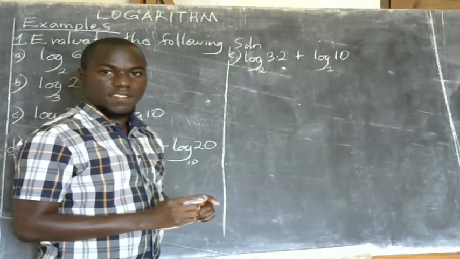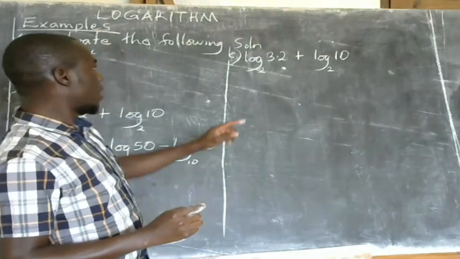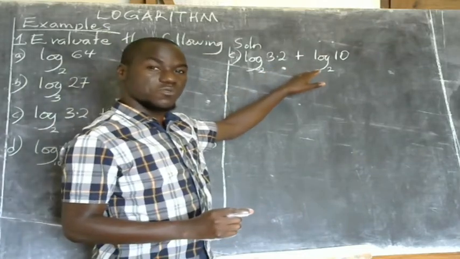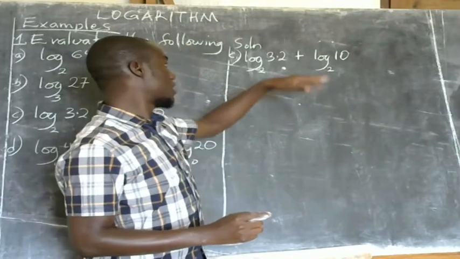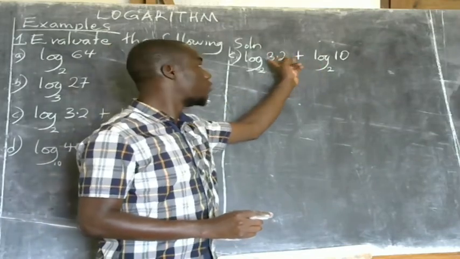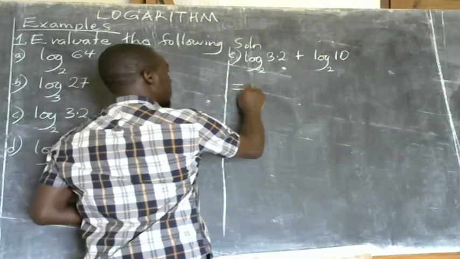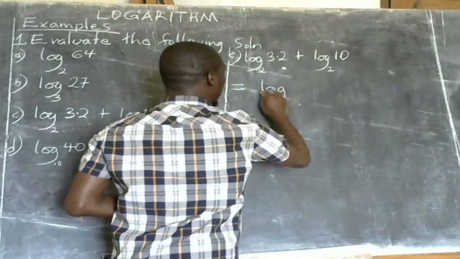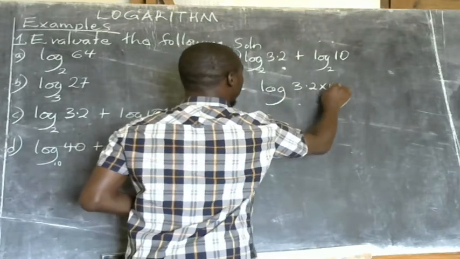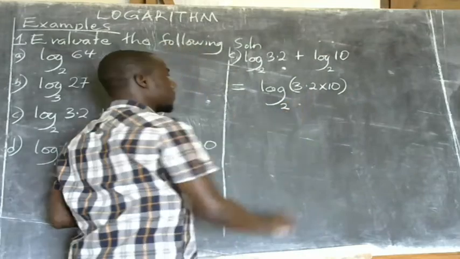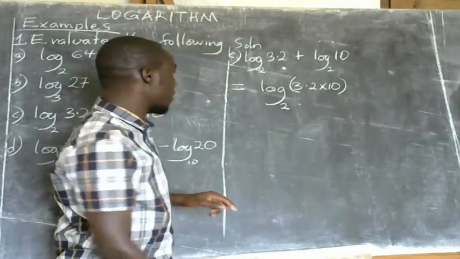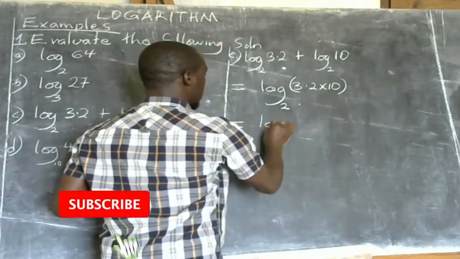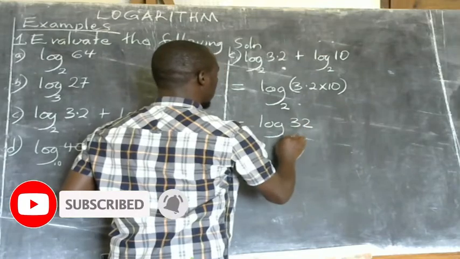The part C there, we have 2 logarithms. So what I'm going to do is write them as a single log. If I have an addition of 2 logarithms, then on the next step, I write the multiplication of these ones here, log of 3.2 times 10, then base 2. Then I multiply here, so that becomes log of 32 base 2.